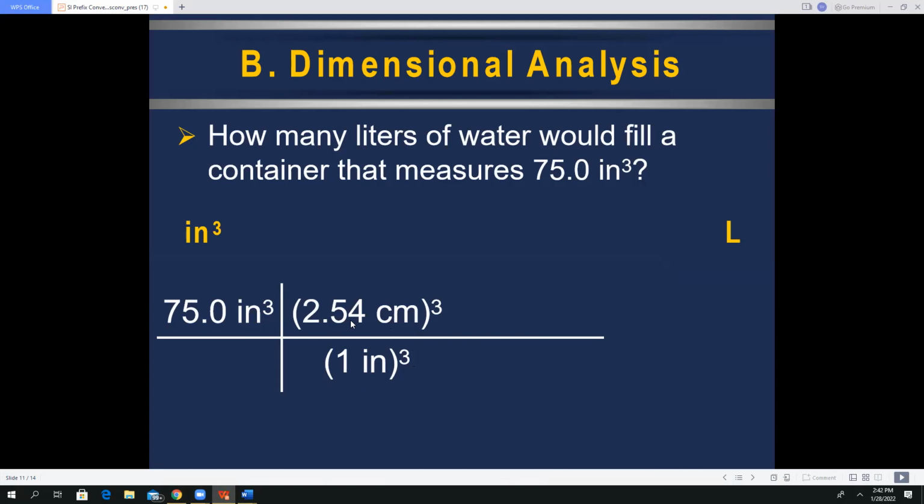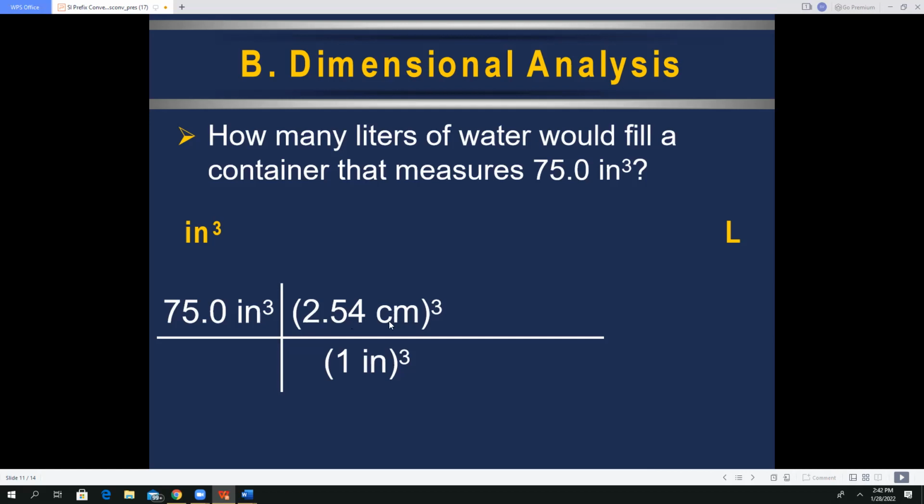But when you cube 2.54, you have to multiply it times itself twice, right? So 2.54 times 2.54 times 2.54. If you don't have a calculator that'll do that, but you should, you can just use the little elevated to the power of button. Okay, so that's your next step.